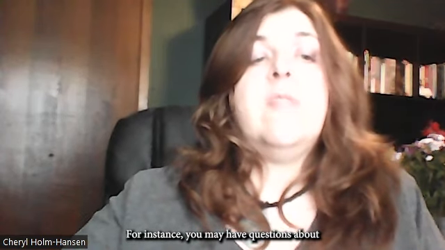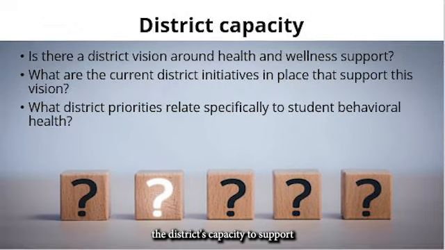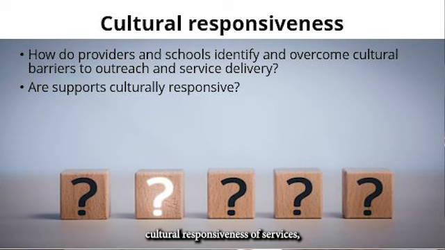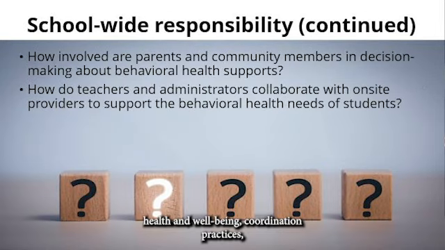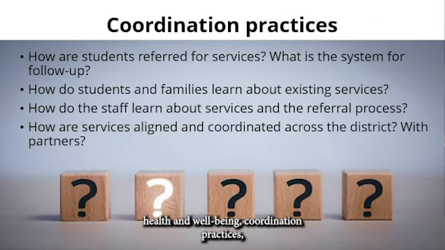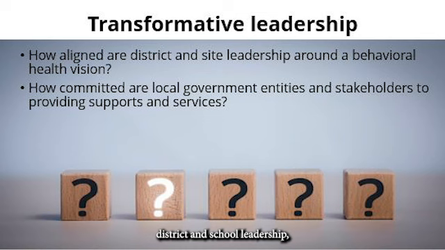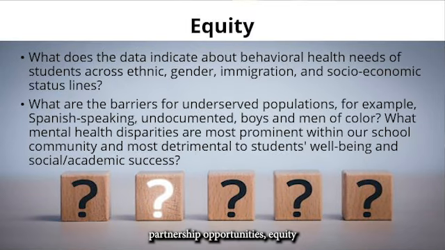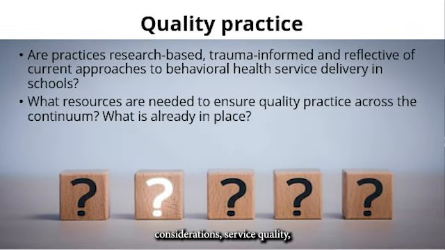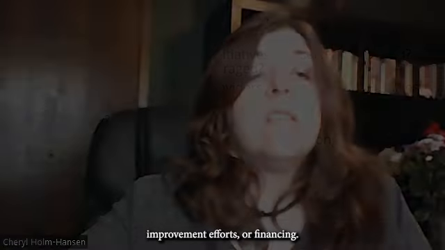For instance, you may have questions about the 3 tiers of supports that you are offering, the district's capacity to support student mental health and well-being, cultural responsiveness of services, school-wide responsibility for promoting student mental health or well-being, coordination practices, ongoing assessment of your mental health services or supports, district and school leadership, capacity building priorities, partnership opportunities, equity considerations, service quality, evaluation and continuous quality improvement efforts, or financing.